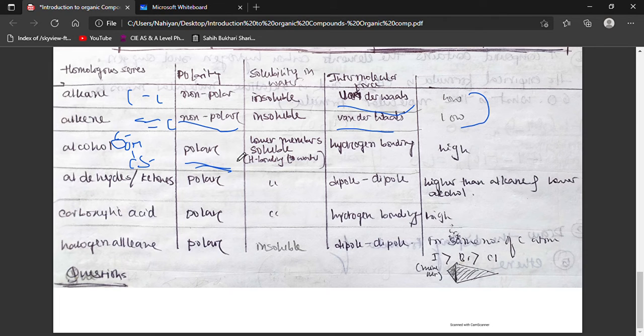The interaction between alcohol molecules can change. The intermolecular force they can have is hydrogen bonding, which is the strongest kind of intermolecular force you can have. And having polarity, the reactivity is quite high.